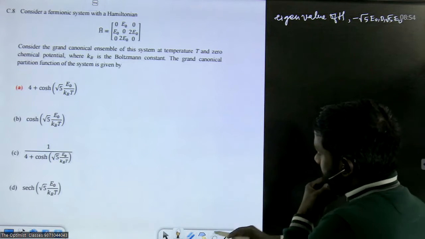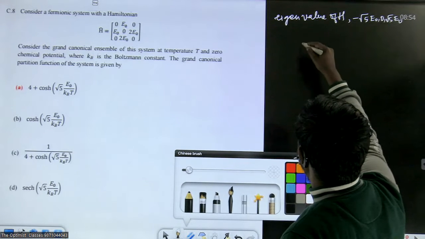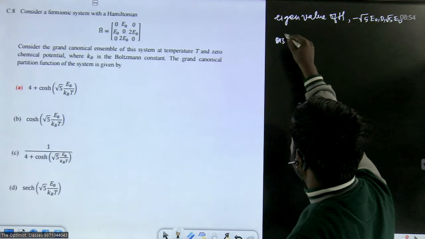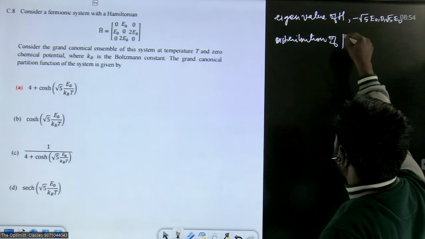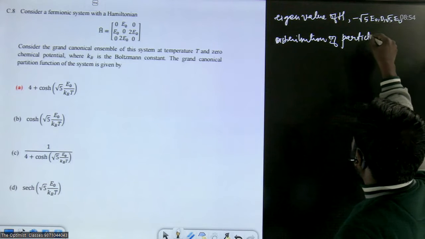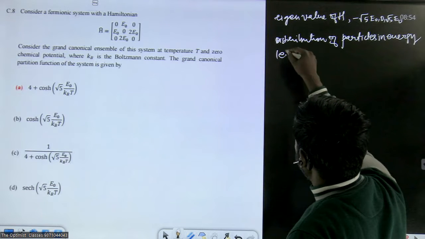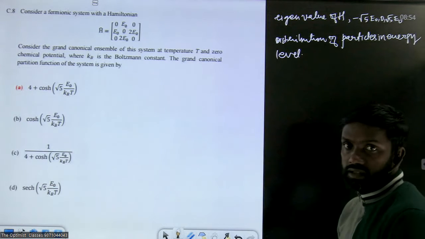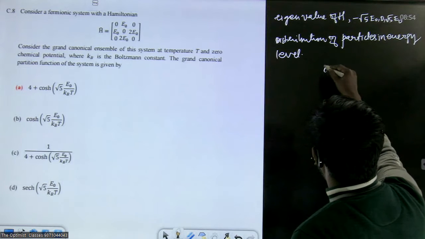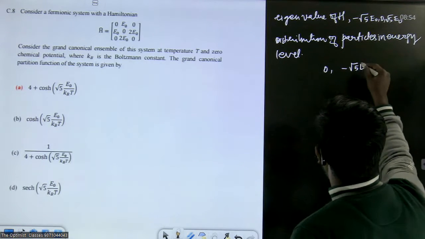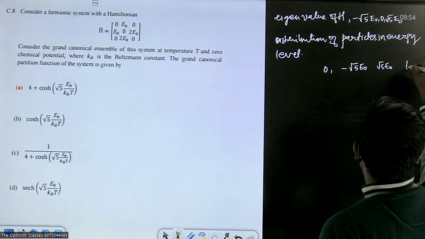So we have this kind of situation here. Let's discuss the distribution of particles in the energy levels. The energy levels are 0, minus root 5 E naught and root 5 E naught, and let's say we are getting the total energy.